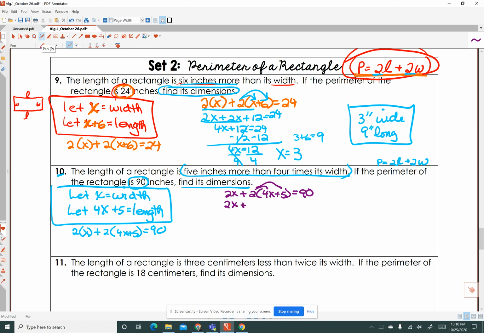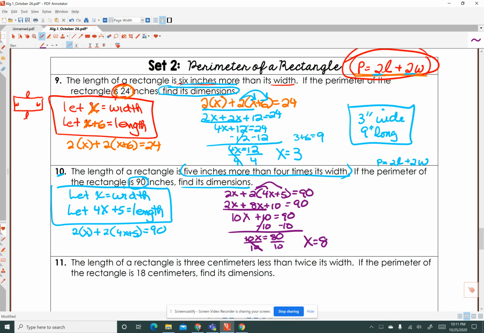So that would be 8x plus 10, because 2 times 5 is 10, equals 90. Let's combine the 8x and the 2x. So now we have 10x plus 10 equals 90. We'll subtract 10 from both sides. 10x equals 80. We'll divide both sides by 10, and x equals 8.